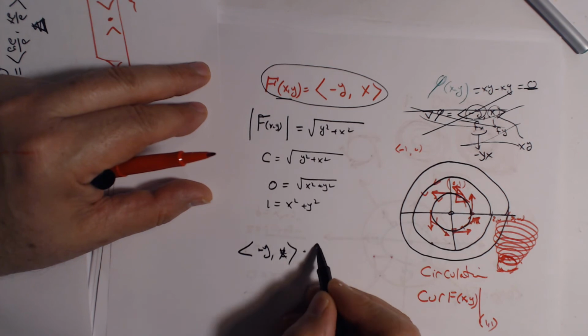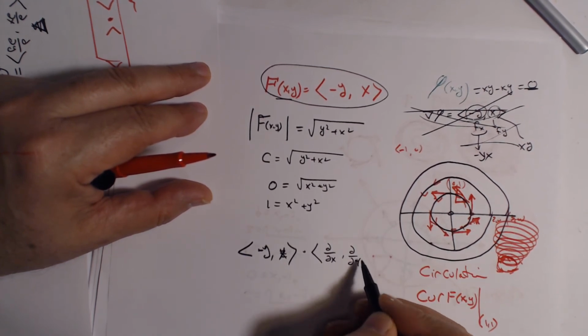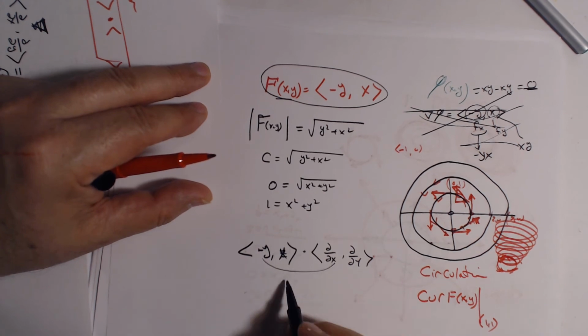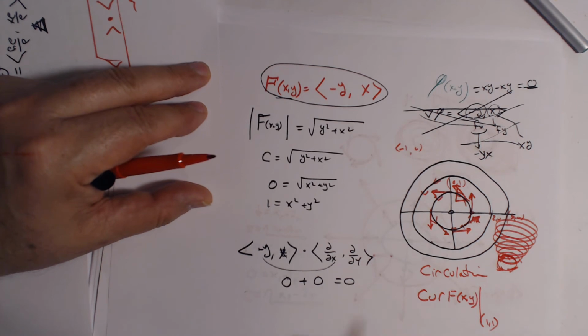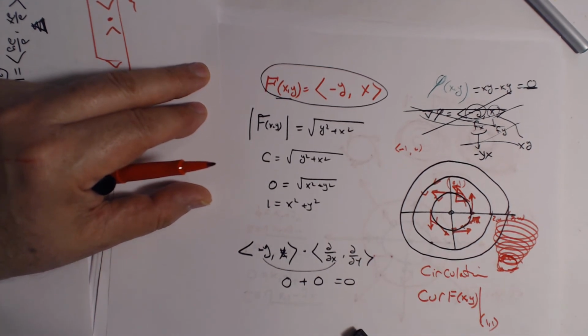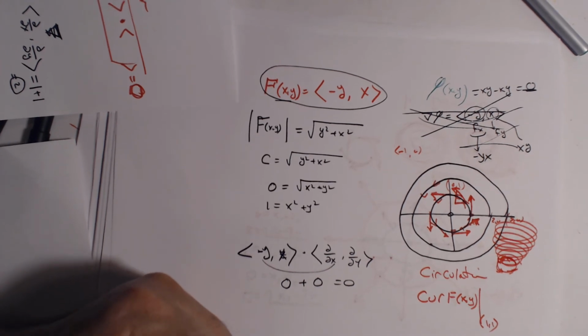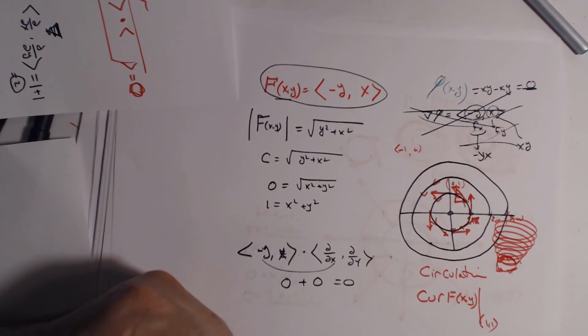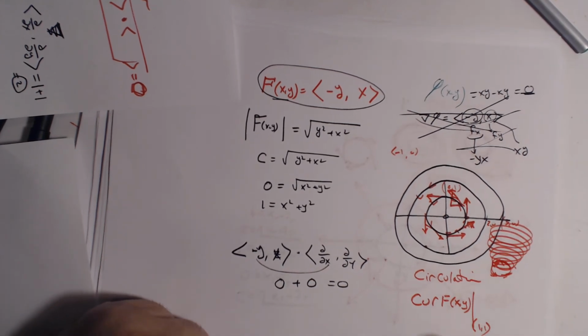You dot it with 2 operators, and you say the partial derivative with respect to x is 0, the partial derivative with respect to y is 0. Yes, the divergence is 0. It means in here you have only circulation. But you asked, how do you find the amount of rotation, or the curl? I said, okay.